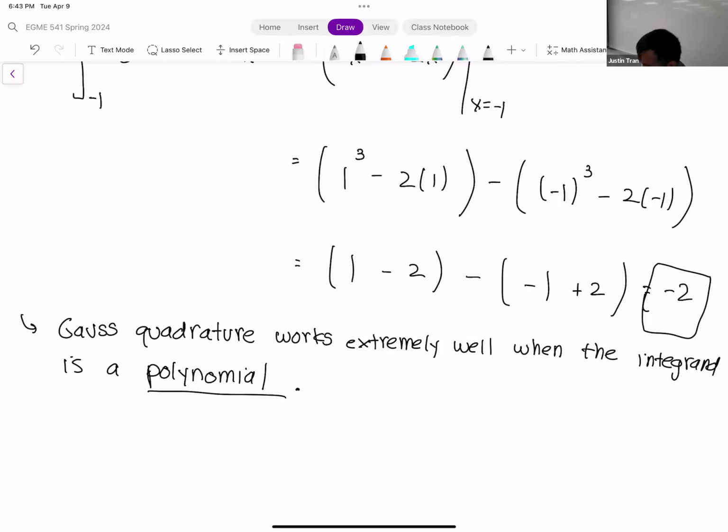Polynomials are your typical functions of x, so x squared, x cubed, x to the fourth, right? So when your integrand is a polynomial, Gauss quadrature works exceptionally well.